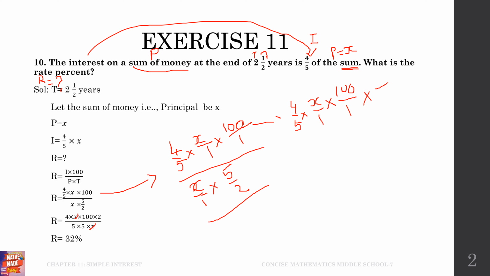Reciprocal means the part in the denominator goes to the numerator and the part in the numerator goes to the denominator, right children? This 5 by 2 should also be reciprocal. That means 2 is in the denominator, so it should come to the numerator, and this one should go to the denominator. See now, just compare these two, this one and this one, both are one and the same. I hope it's clear, right?